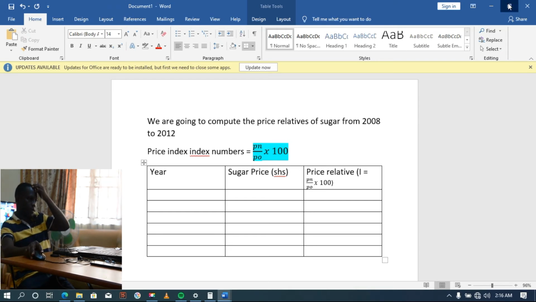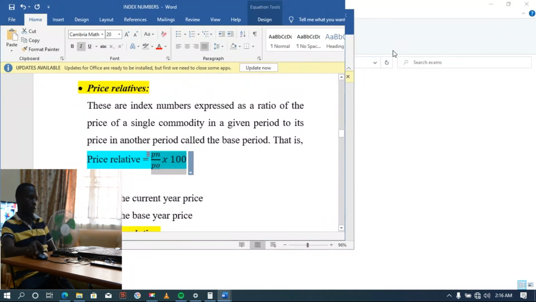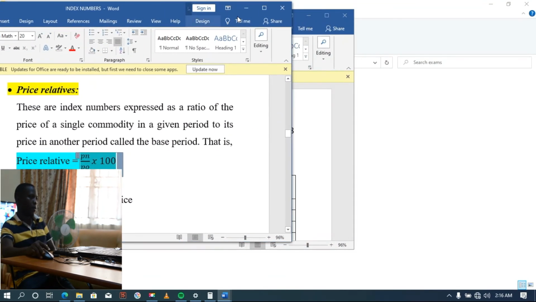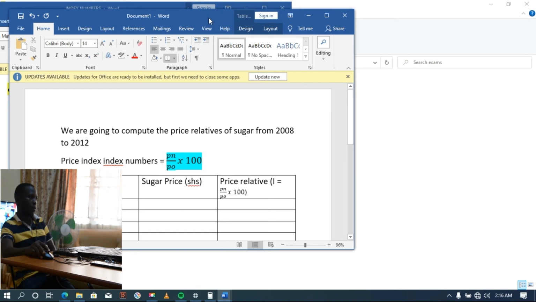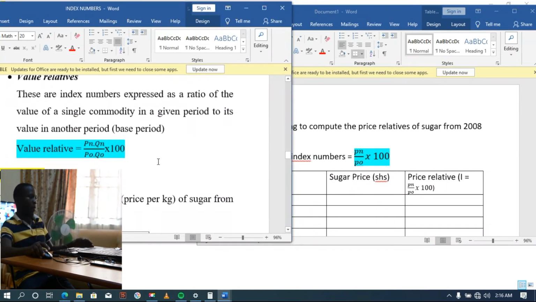So that is how we are going to find the price indices. Let's try to enter the values into our table.